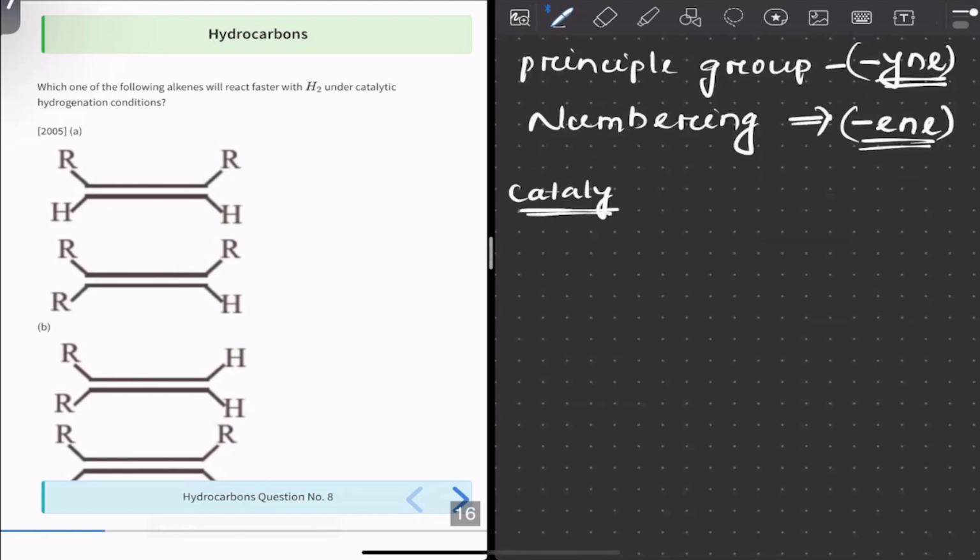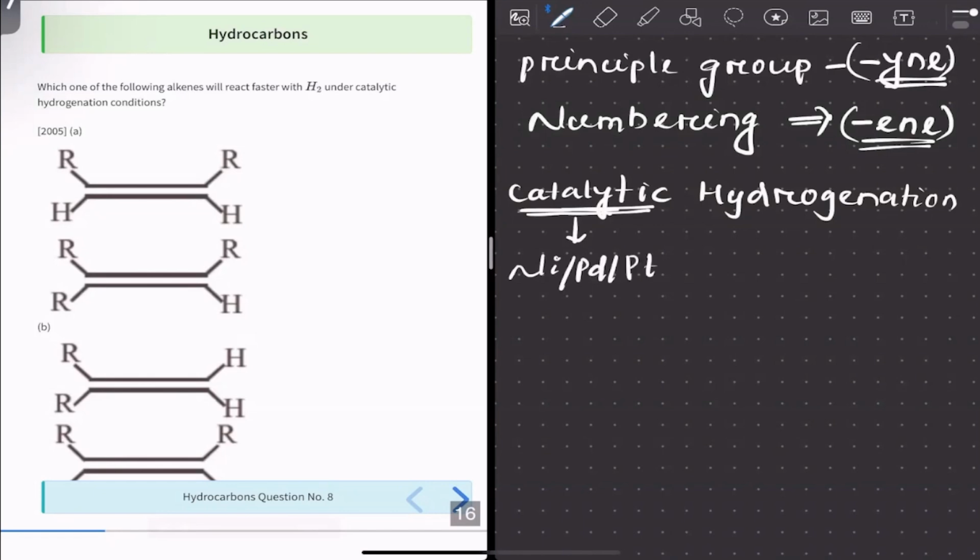There will be a catalyst, that is nickel, palladium, or platinum, and there will be hydrogenation. For that purpose, we need hydrogen.